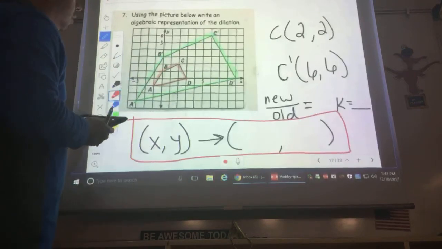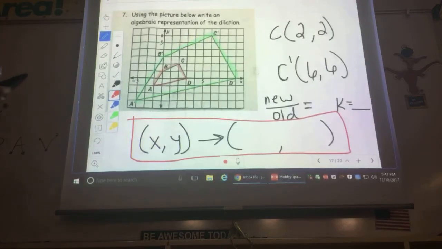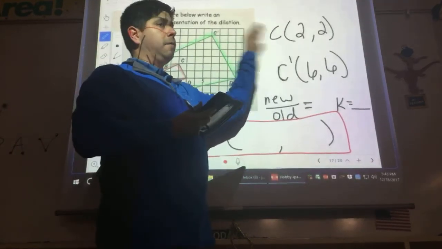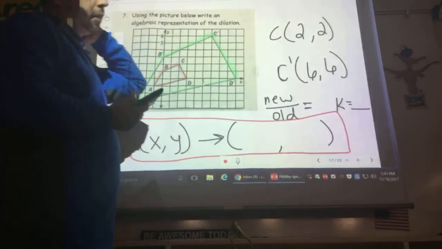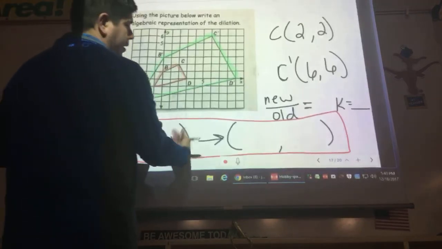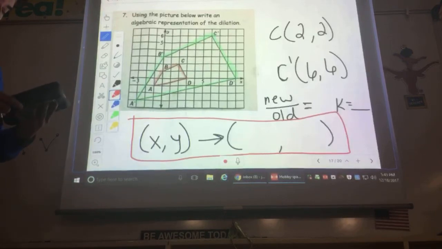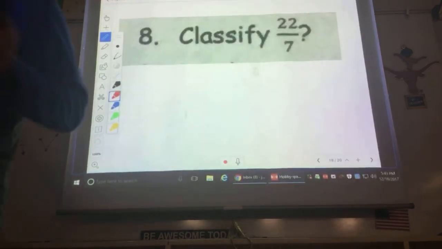All right. So you've got to find that scale factor. Either way, new over old. If you can see what's happening, however you want to do it, okay? But you have to find that scale factor to find out what we're going to multiply times the x and what we're going to multiply times the y for this dilation. Okay, that was number 7.